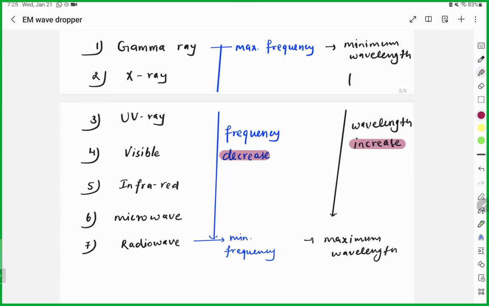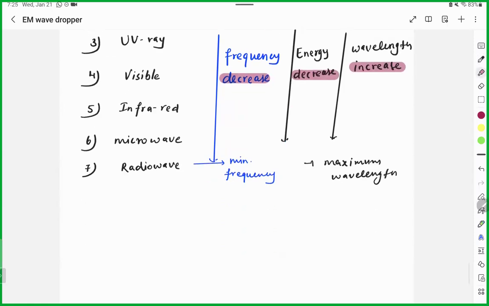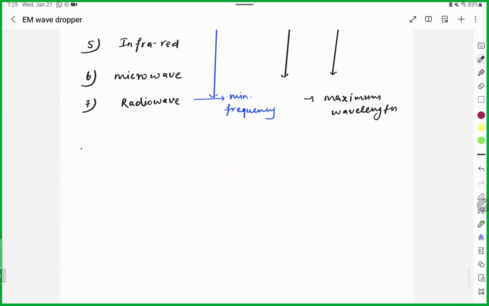What will be the impact on energy, Chandana? Radio wave has smaller energy. Does energy increase or decrease? Decrease. Why? Because you know the energy of this wave, E is equal to h nu, correct? So energy is directly proportional to frequency.